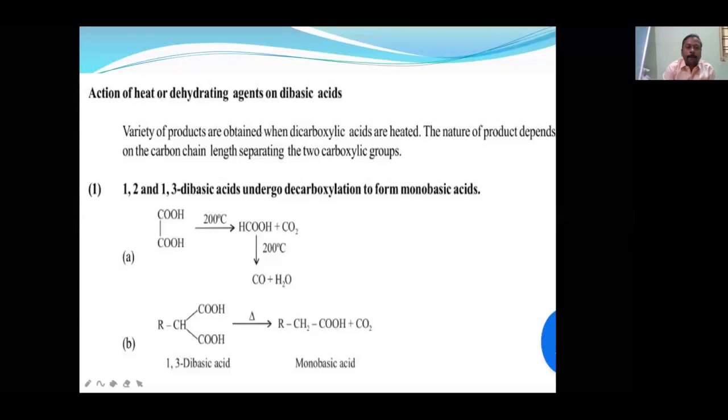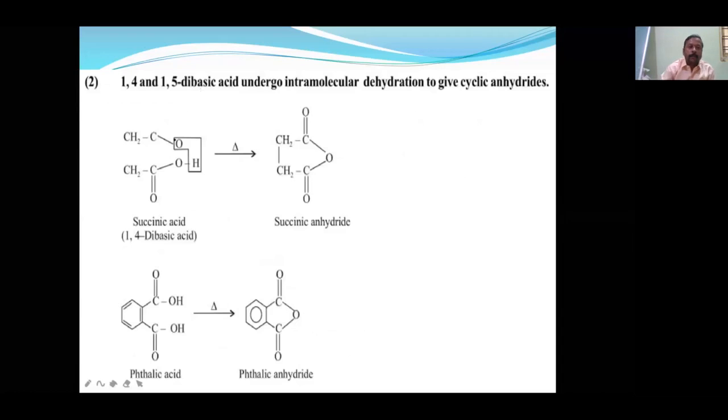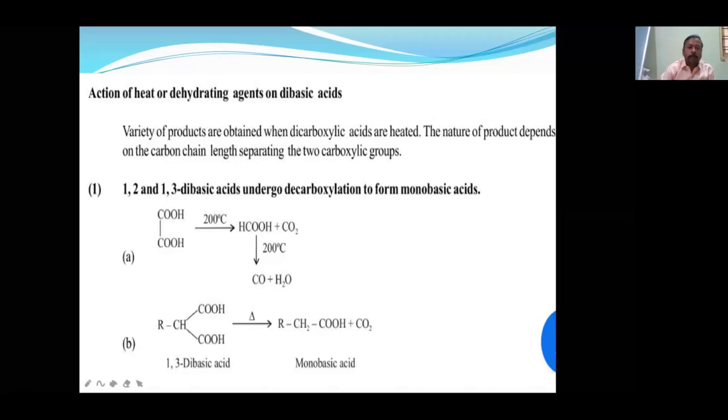Okay, next one is action of heat or dehydrating agent on dibasic acid. Dibasic acid means 2 COOH groups must be there. See here. First one is oxalic acid. Oxalic acid when heated at 200 degrees Celsius, as usual, will lose CO2 and HCOOH, but it is unstable.